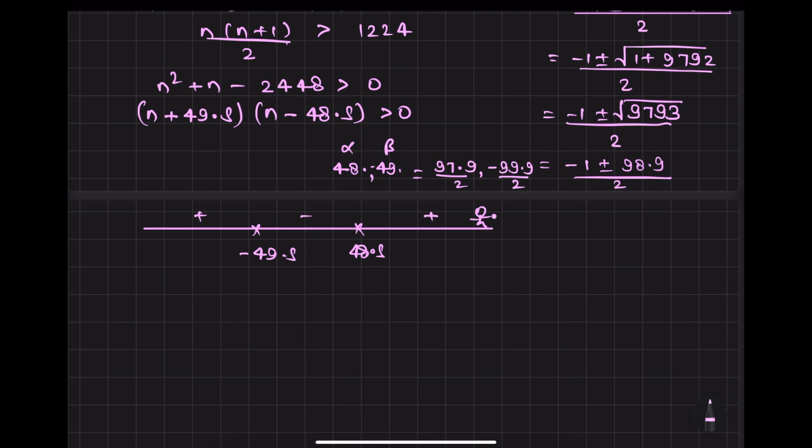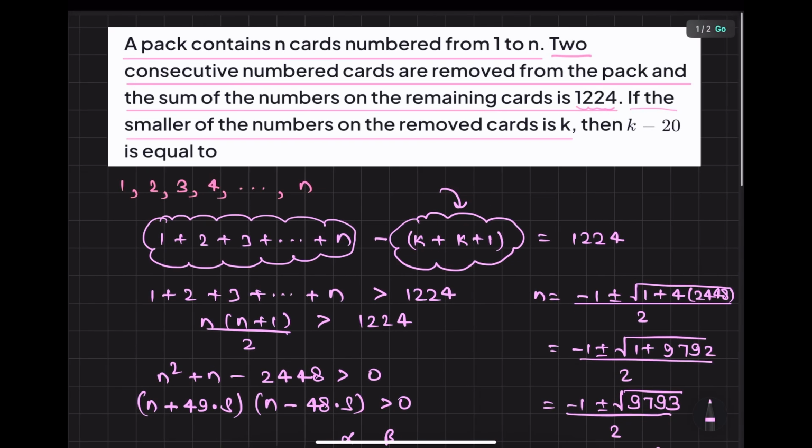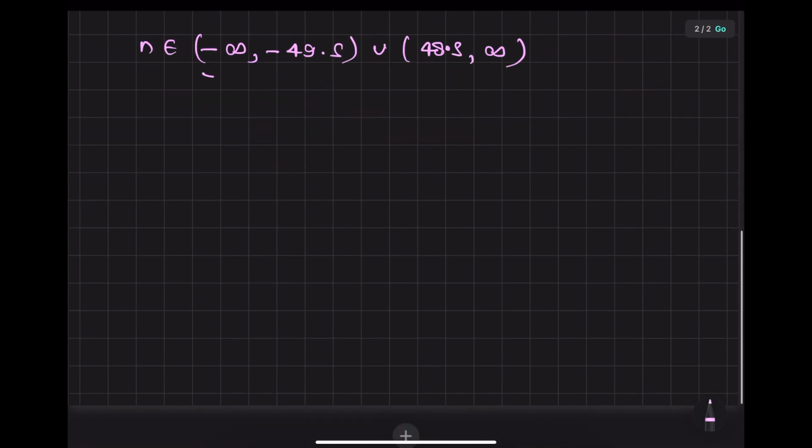So the required n belongs to minus infinity to minus 49 point something, union 48 point something to infinity. Now you know that you're talking about natural numbers, so from this set you cannot take the negative part, so that is wrong.